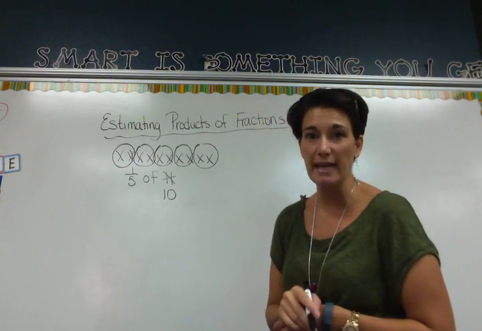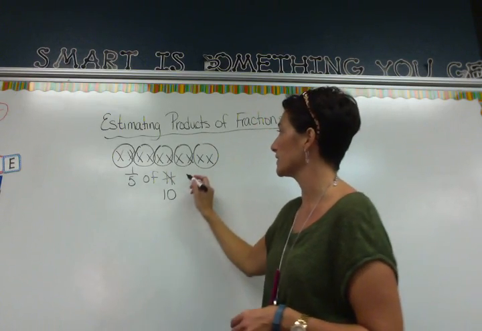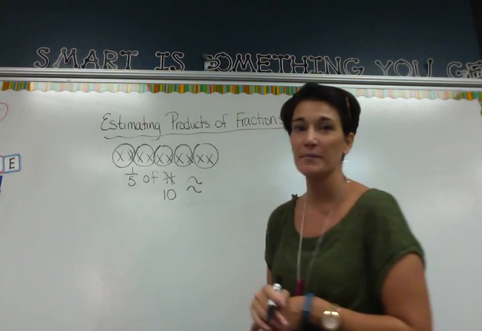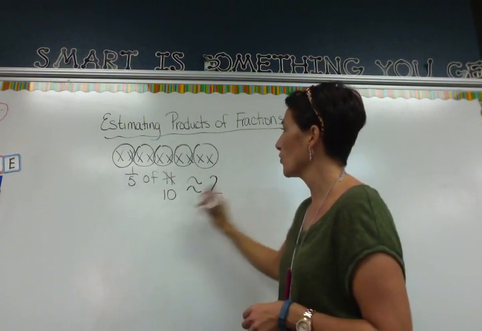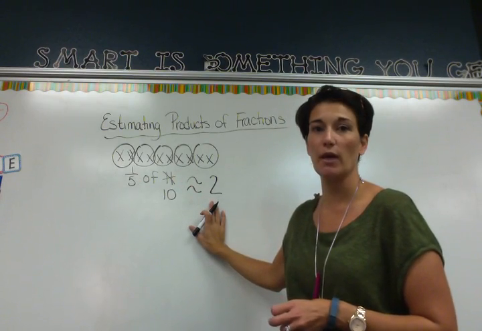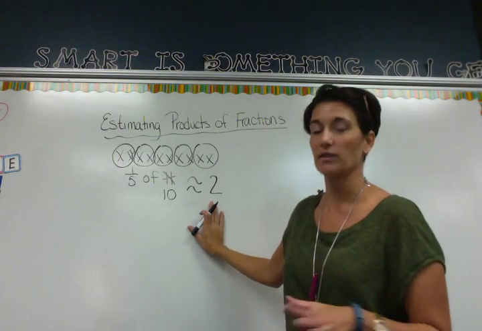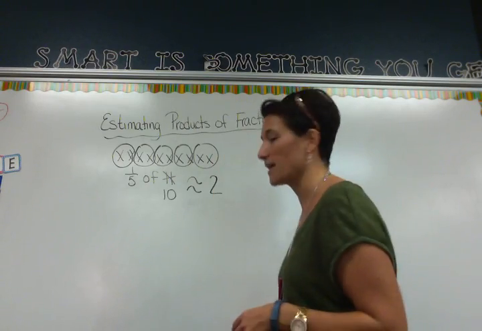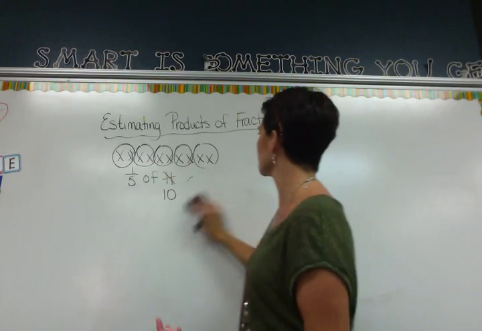And so we would say the answer to this is about, estimating, remember, about 2. 1 group out of the 5 has 2 in it. All right, so that's just kind of to get our brains around the concept. So now let's actually try some problems.